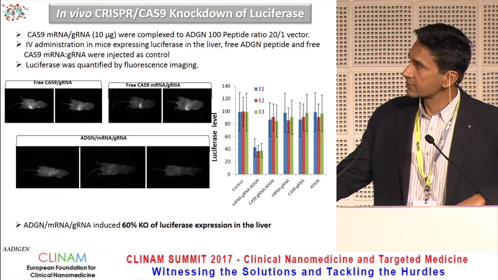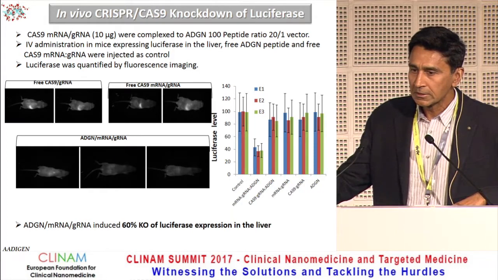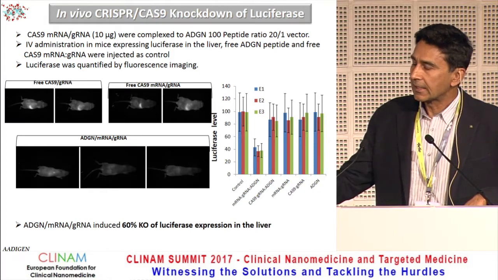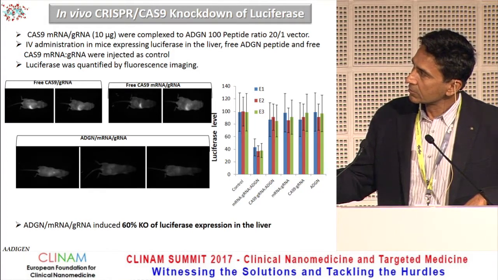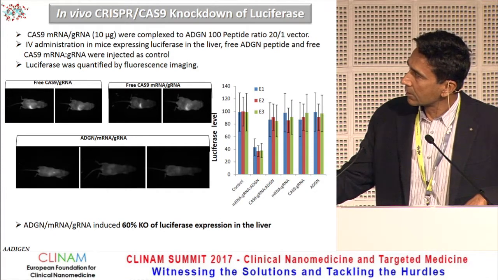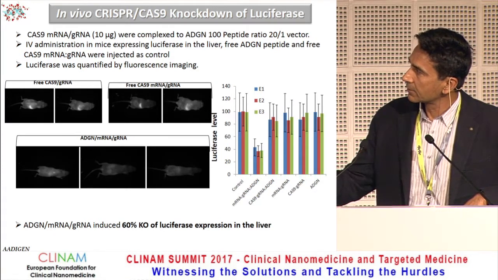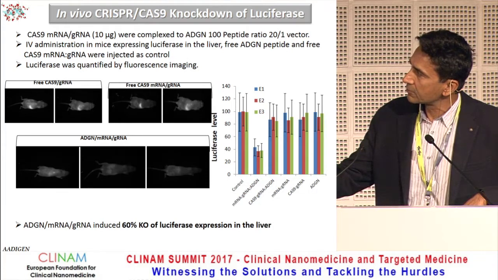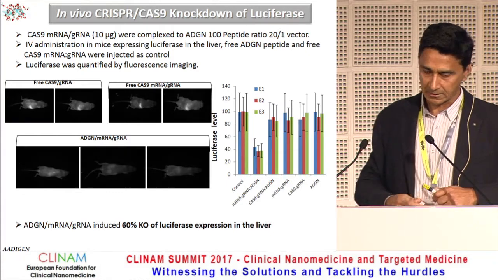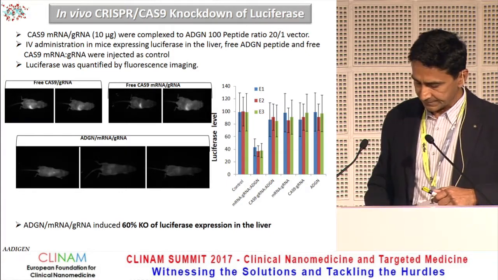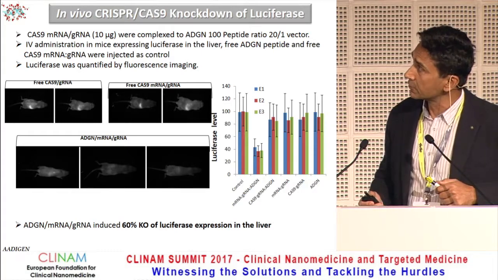So we want to kill the luciferase signal. So here's the control, essentially. And then when you treat it, you see a loss of the signal. There are several different controls in here, but the bottom line is that when we treat it with the correct peptide and the composition of the particles, you can knock down that signal by about 60% as quantitated by fluorescence. So it works in vivo as well.